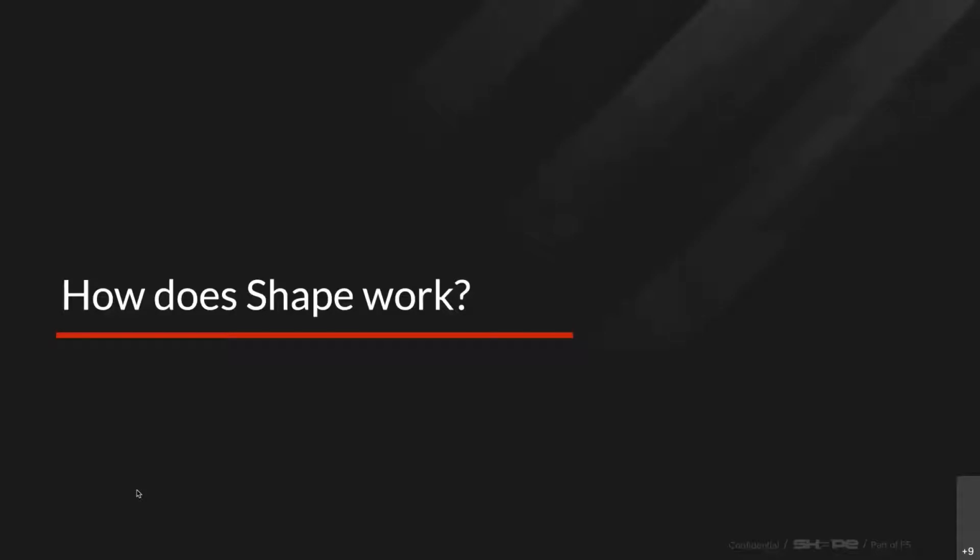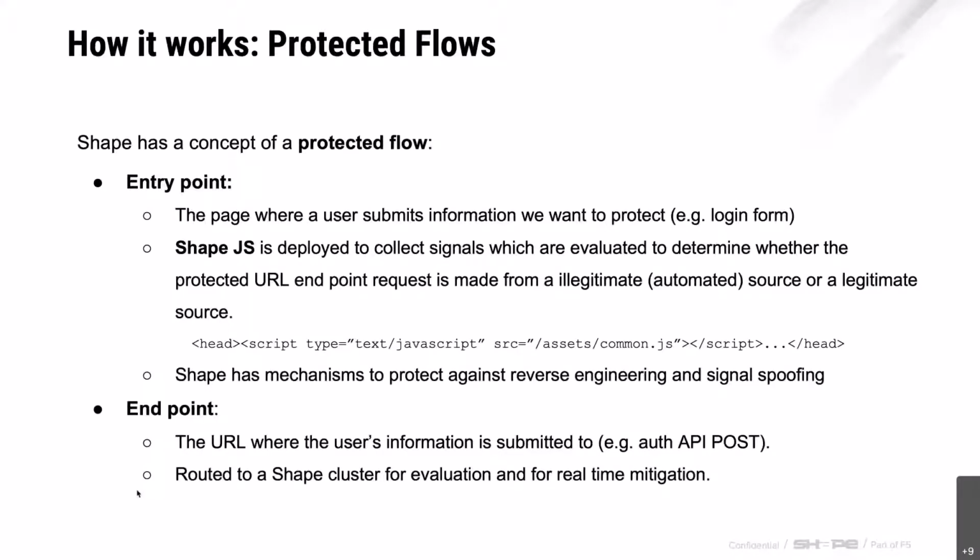Okay, so how does Shape work then? Let's have a look at an overview of how it gets deployed. Typically Shape is not used to protect a whole site. It's used to protect what we call protected flows or user functionality. So typically we would be on certain areas of the site like login, forgot password, create account, maybe checkout, add to cart, credit card validation, for airlines, flight search, those key areas where the user is interacting with the site, inputting their data and receiving useful data back out of the application.